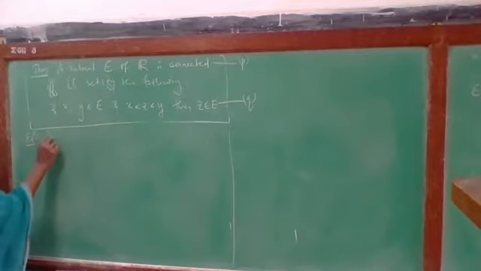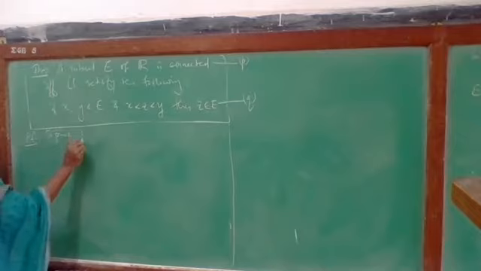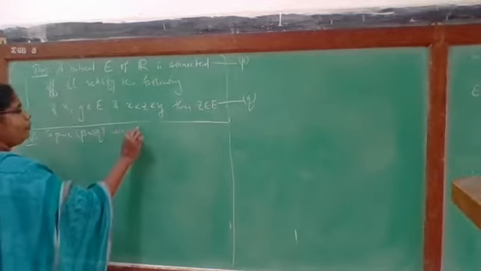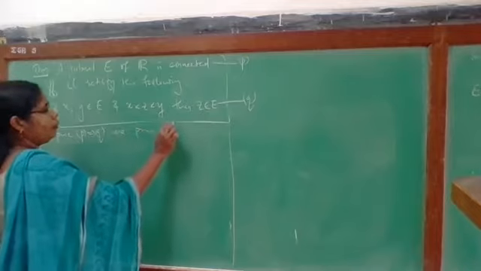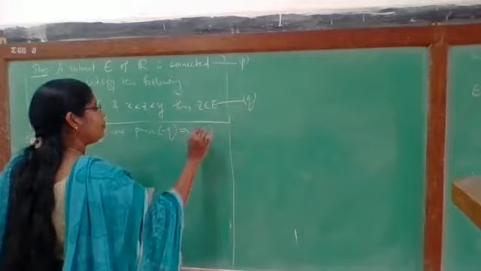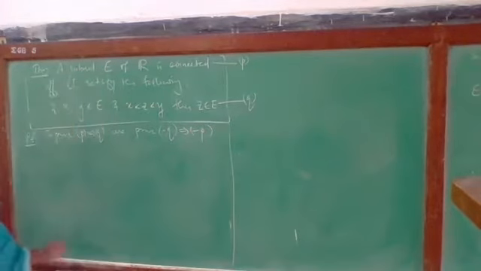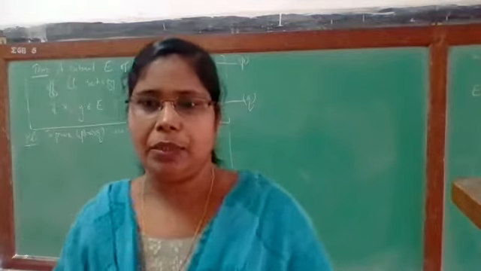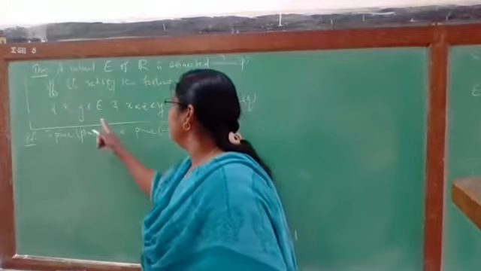So to prove P implies Q, we prove not Q implies not P. So what is not Q? The statement Q is not true.